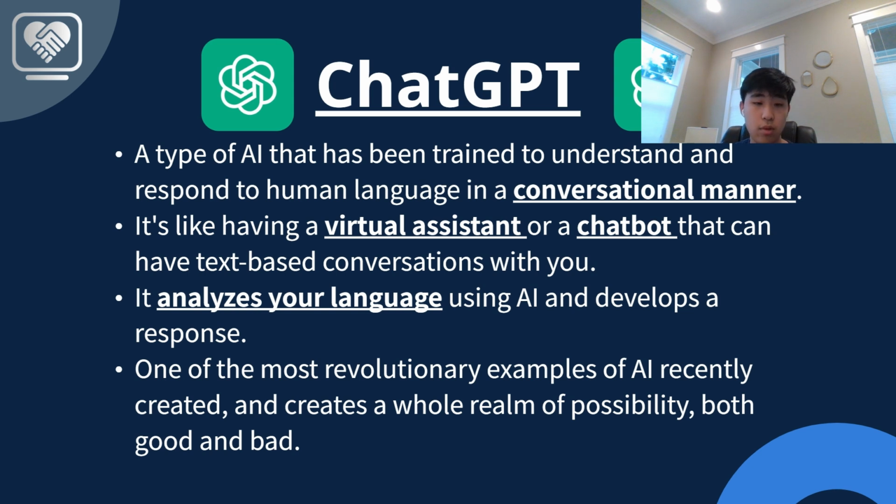Essentially, the way it works is it analyzes your language using AI and develops a response. It's one of the most revolutionary examples of AI recently created, and it creates a whole realm of possibility, both good and bad. Because you can use it to help maybe in your research or on assignments. But its capabilities are endless, and it could be used to even cheat on assignments and stuff like that.